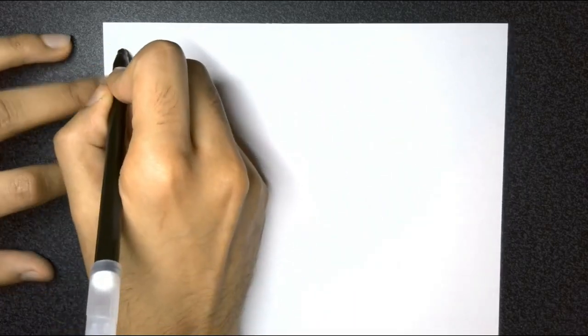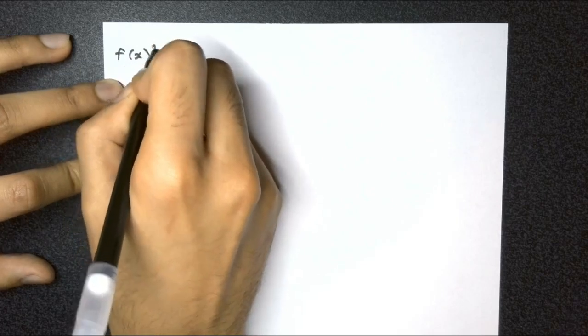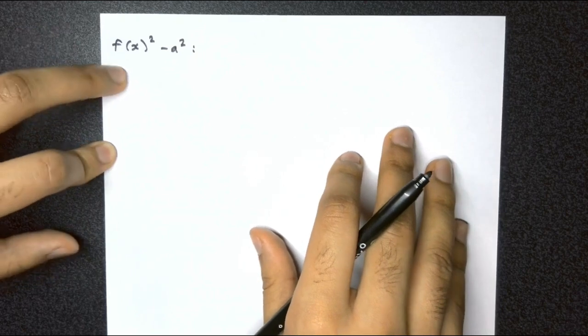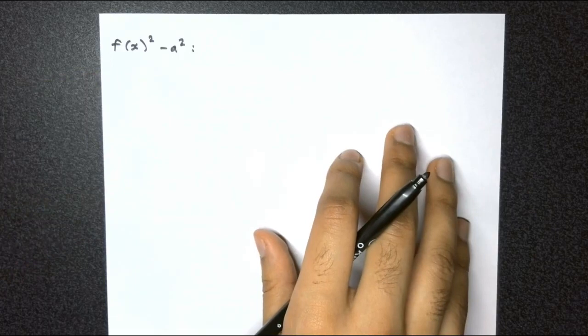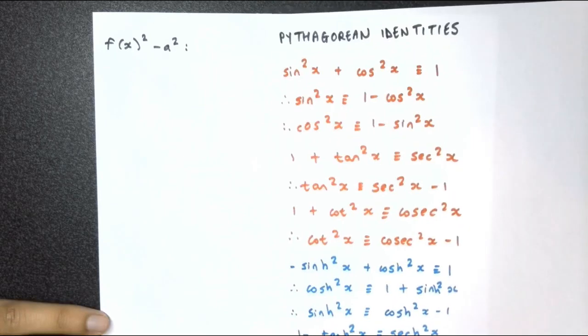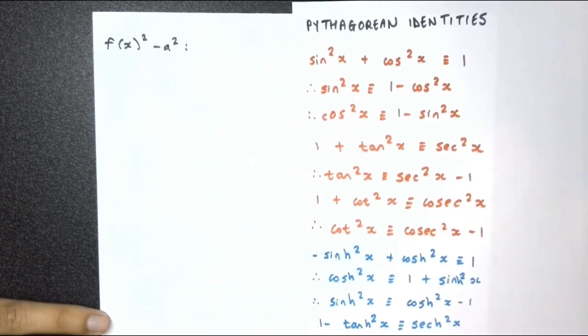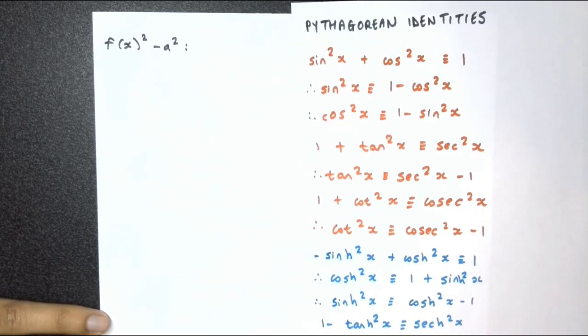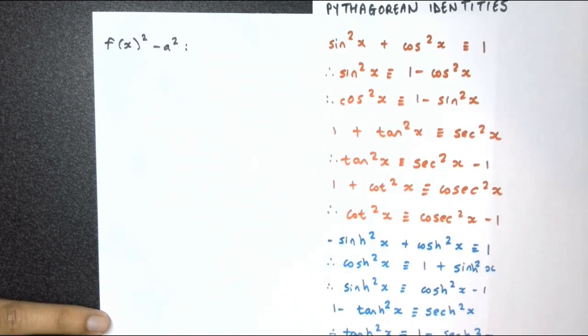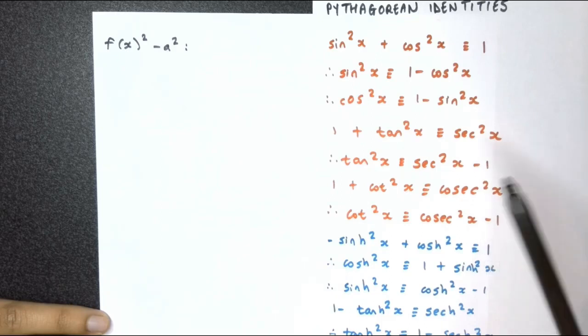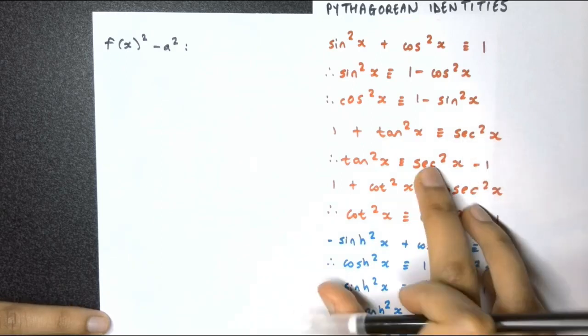Another situation which we could have is if we've got something of the form f of x squared minus a squared. Now in this case, you can see we don't have something which is square rooted. So if we go to our Pythagorean identities, we don't want anything containing sine or cosines or hyperbolic sines or hyperbolic cosines. So one option is the option over here.